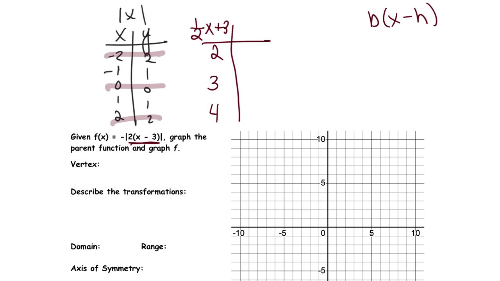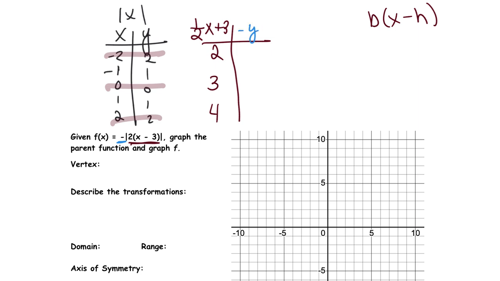Now we're going to do the y. To do the y, we need everything on the outside. So let's see. All I got is that on the outside, correct? Everything outside of the absolute value is going to impact our y values. If it impacts our y values, is that horizontal or vertical? Vertical. So this says take your y values and do what to it?